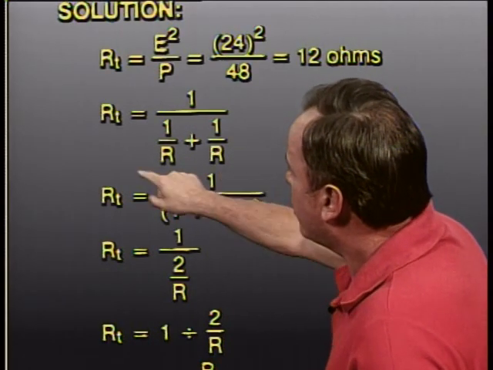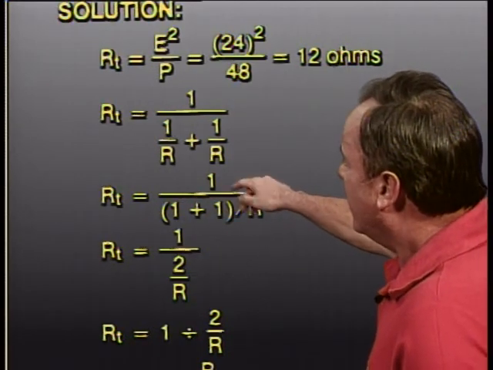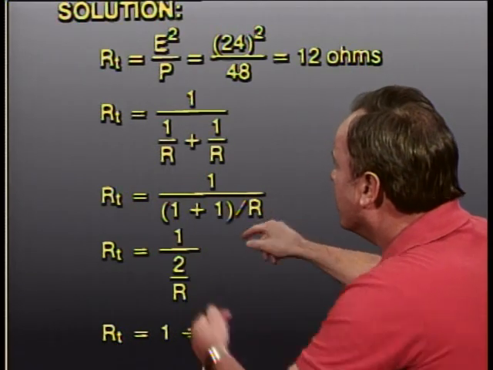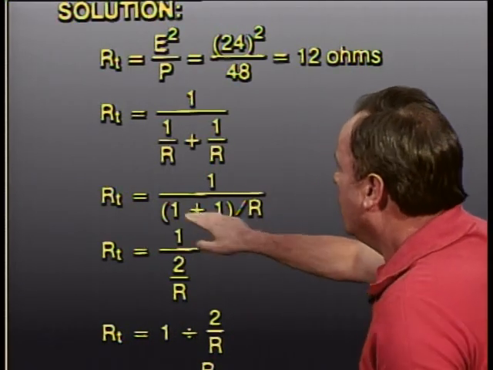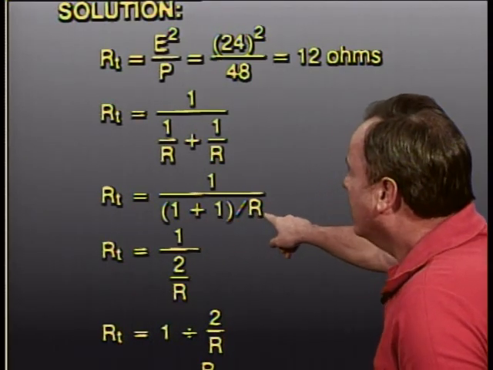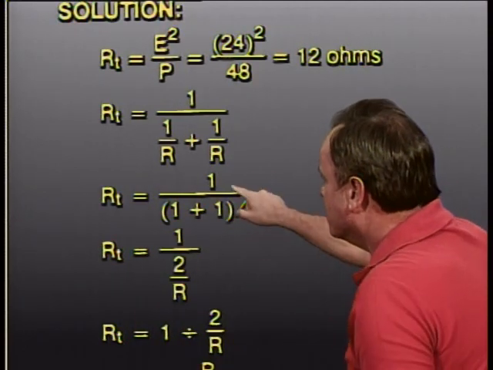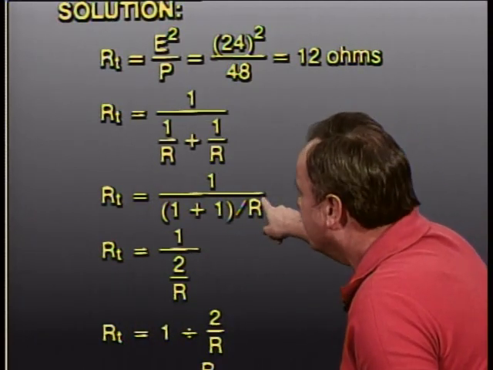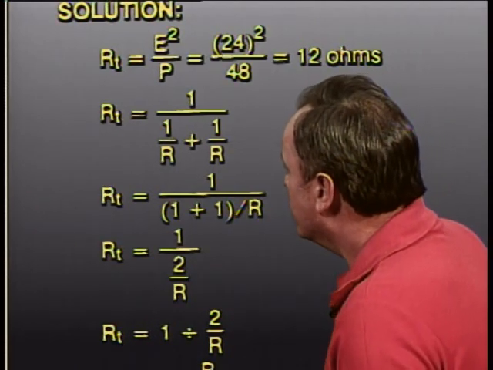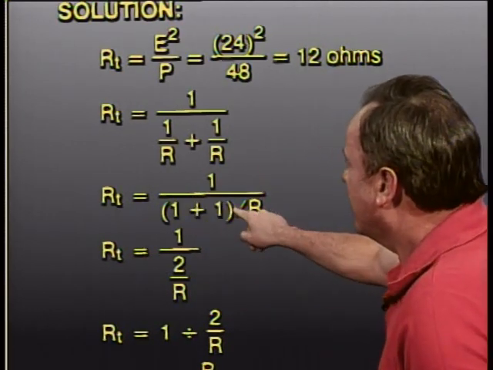So that 12 ohms, that total resistance, is equal to 1 divided by, and you can factor out 1 over R here, 1 plus 1 times the quantity 1 divided by R, which is the same as 1 plus 1, that quantity, divided by R. And now we have the total resistance, that was 12 ohms, is equal to 1 over, and this is 1 plus 1, that comes out to 2.